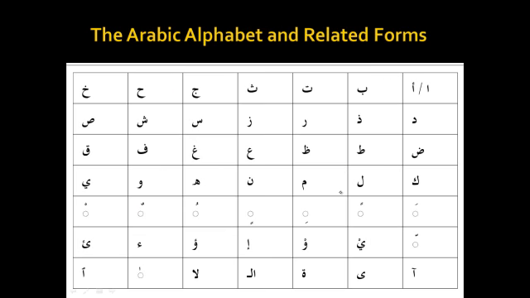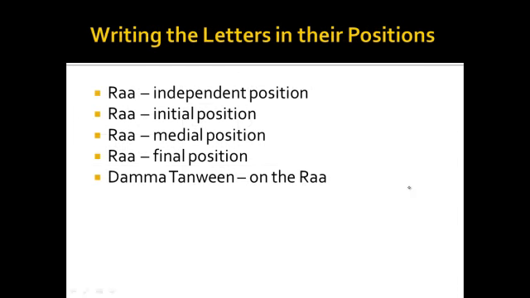Okay, let's look at where our Ra and Damma Tanween show up on our chart. And again, we're going from right to left, and here's our Ra here, and our Damma Tanween is here. Okay. Now, let's look at the Ra in its 4 different positions.